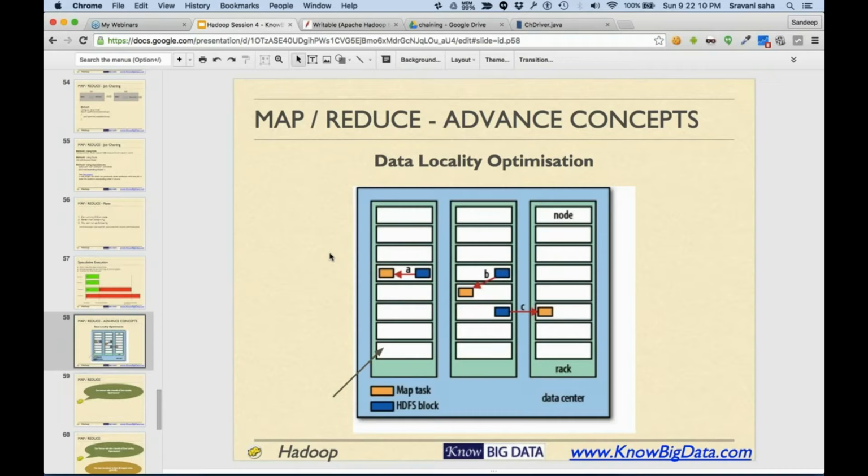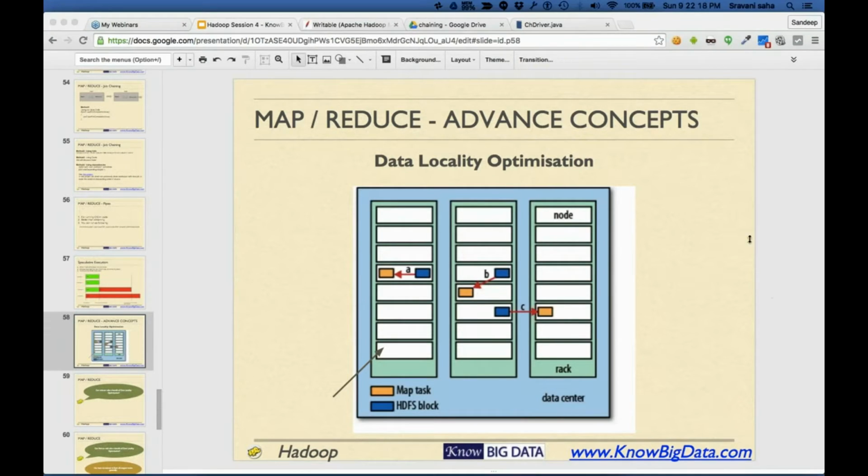So the data transfer between a computer here and here is faster than here and here. All right. Now, a data center is composed of many such racks, and the task trackers as well as job trackers and data nodes are spread across the cluster.